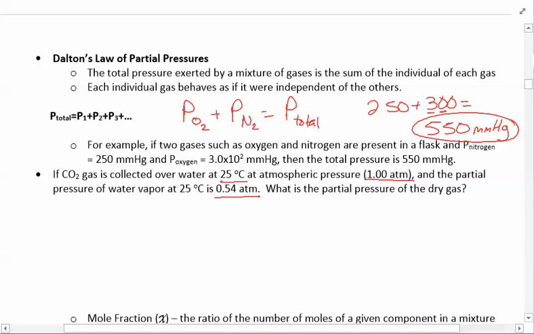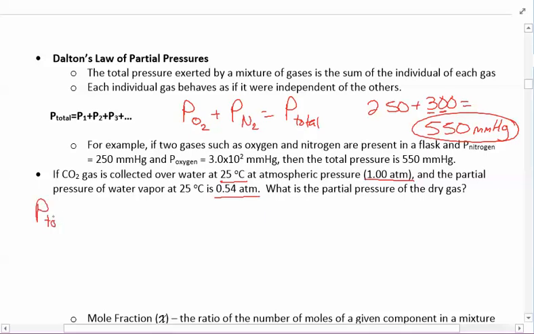What is the partial pressure of the dry gas? So this is referred to as drying your gas. Anytime you're collecting over water, water is going to contribute to the pressure. Depending upon exactly what temperature it is and the atmospheric conditions, that is going to determine the pressure of your actual gas.